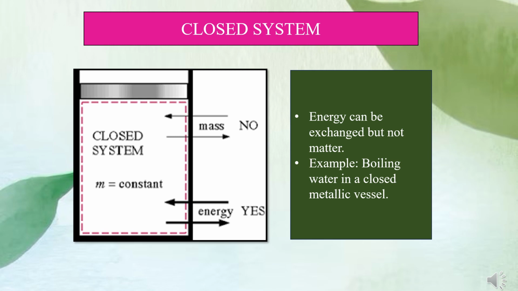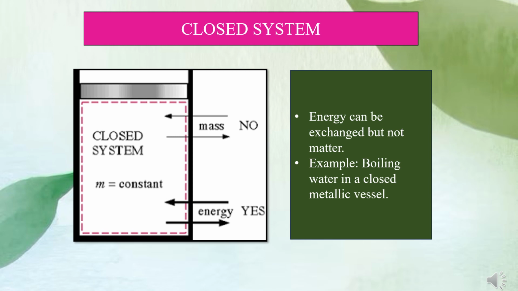Then the second one is the closed system. A system which has the ability to exchange only energy with its surroundings and cannot exchange matter is known as a closed system. For example, reactants placed in a closed vessel made of materials like steel, copper, and silver are an ideal example of a closed system, since the material of the vessel is conducting in nature.